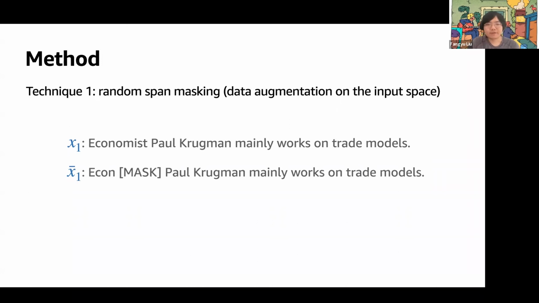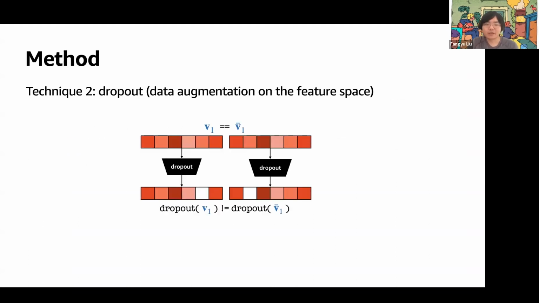And this is data augmentation on the input space, but for the second assumption we made, it's in the embedding space. So we propose to just use dropout.